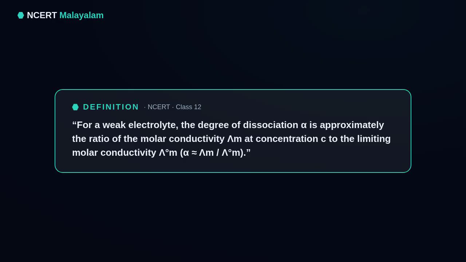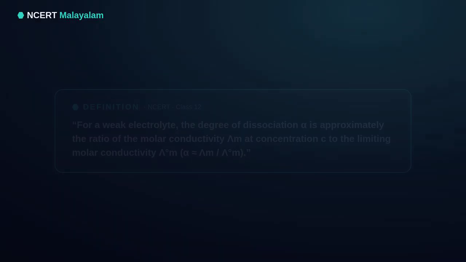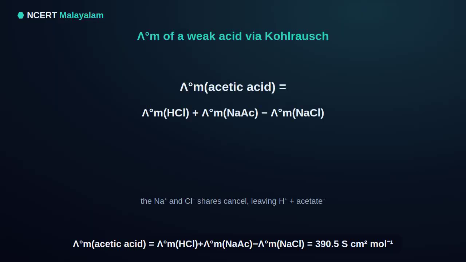At full dilution, alpha approaches 1. We cannot measure acetic acid's limiting molar conductivity directly. Kohlrausch's law gives a trick. Acetic acid's limiting molar conductivity equals that of hydrochloric acid plus that of sodium acetate minus that of sodium chloride.